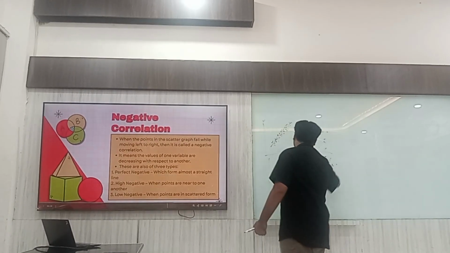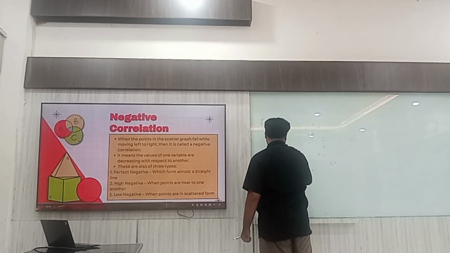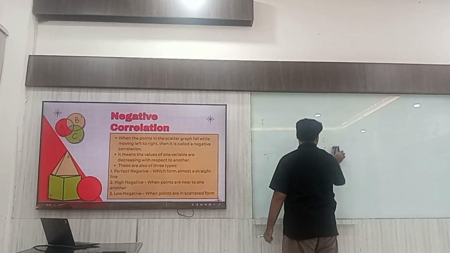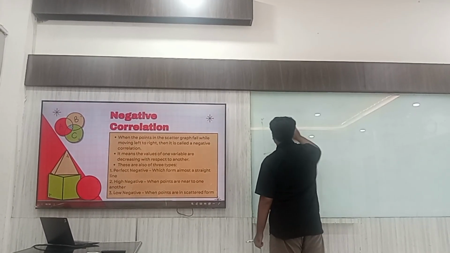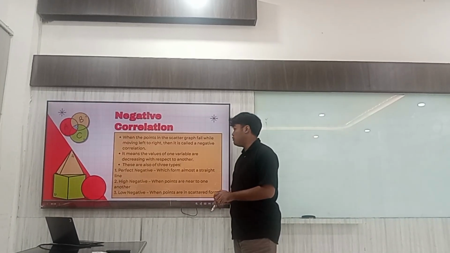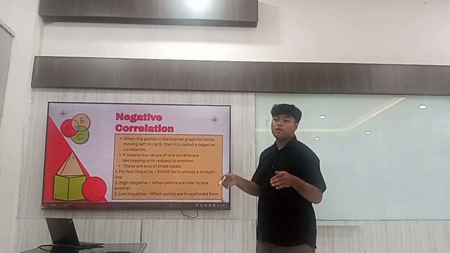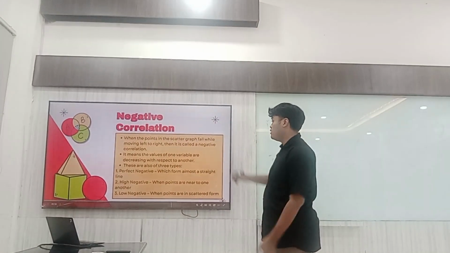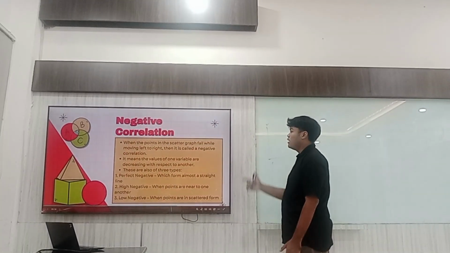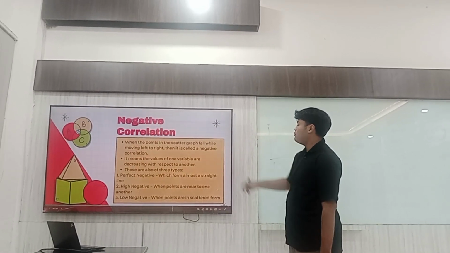Negative correlation is the opposite of positive correlation. Positive correlation increases from left to right, but in negative correlation the points fall while moving left to right.